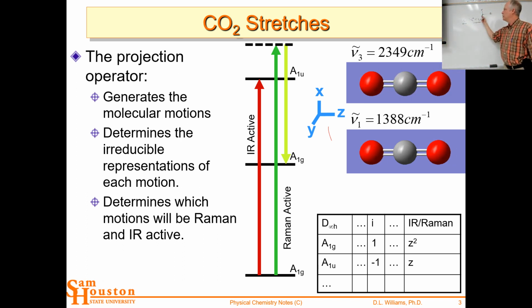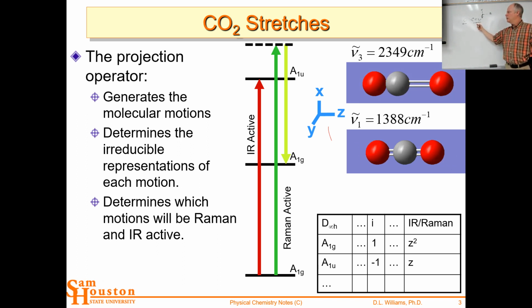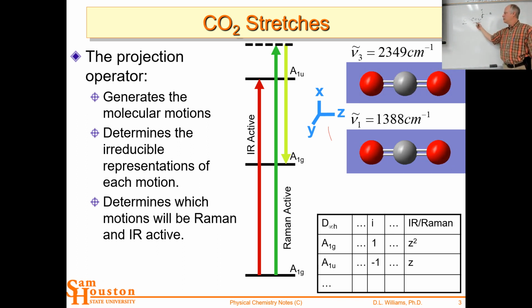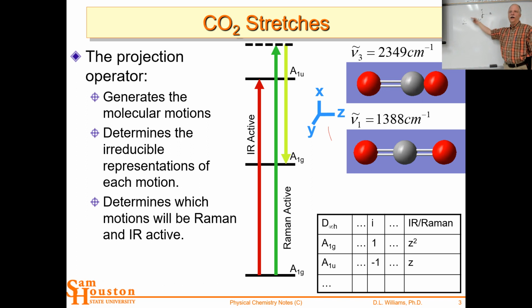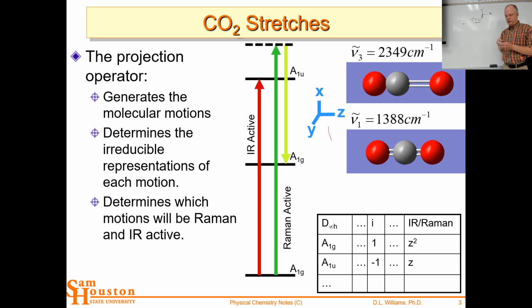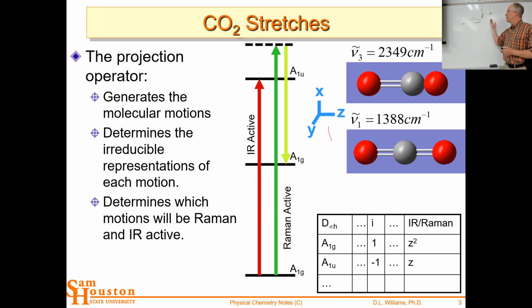So here's the molecule. The z-axis is the axis of the molecule. I look at my arrows and I see that the carbon is moving over here, the oxygens are moving that way. Essentially all of the motion is in the z direction or negative z direction, and it's going to oscillate in the z direction. So if I go to the character table, the D infinity h, I'll see that z is on a row that has a symmetry.